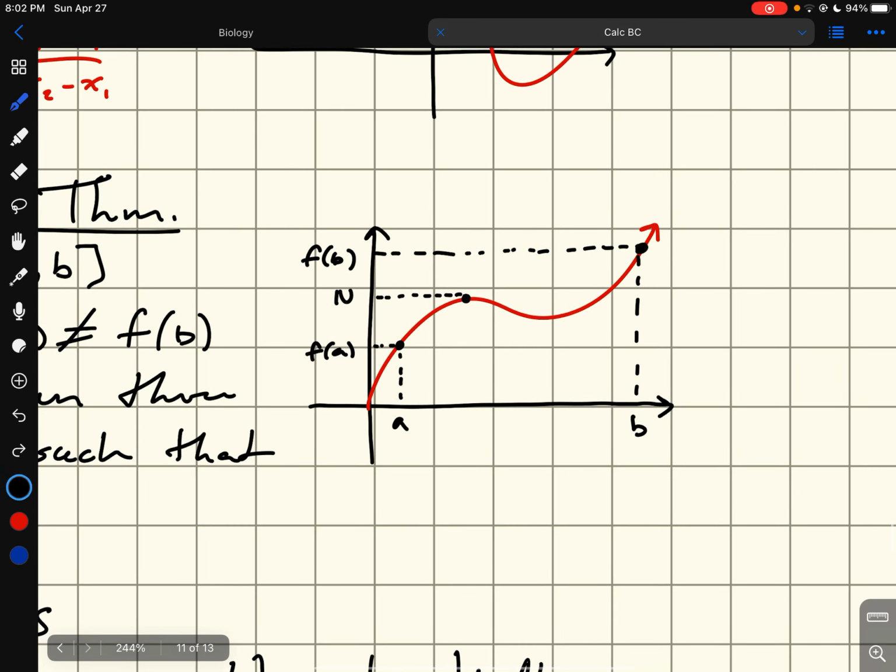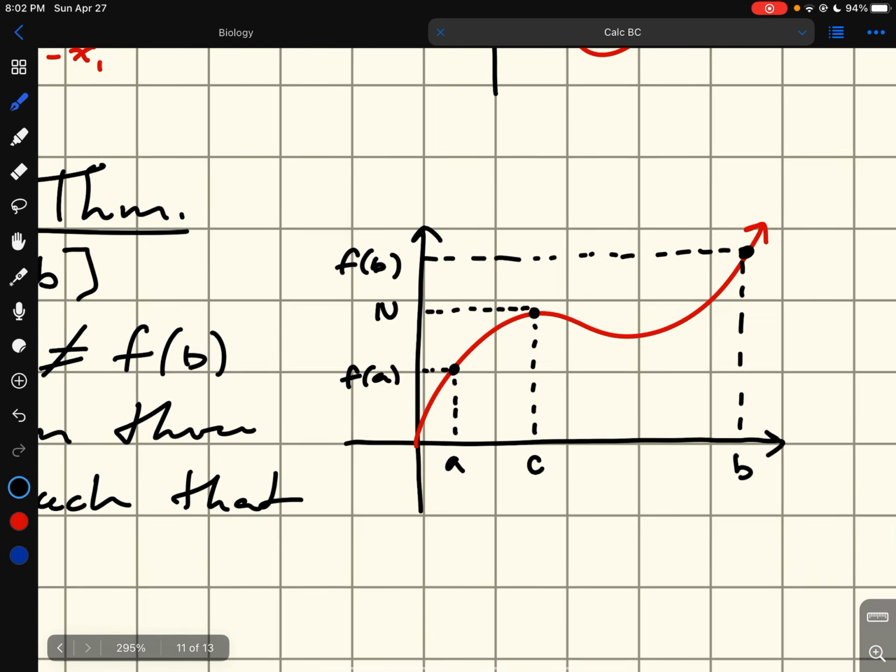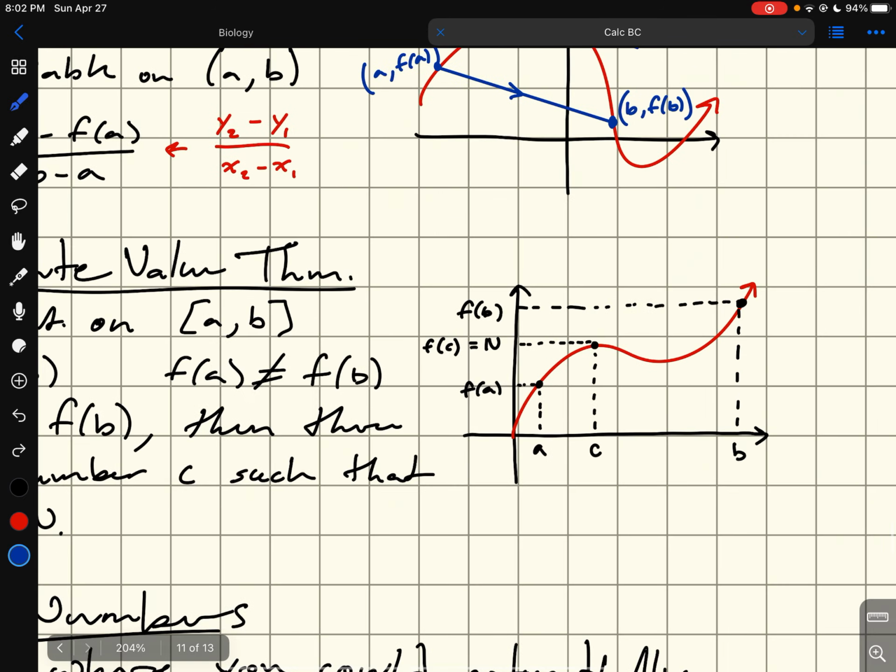So that means c is right here. Plugging in c will give us n. So this shows that you're plugging c into the function, and that will give you this n value.